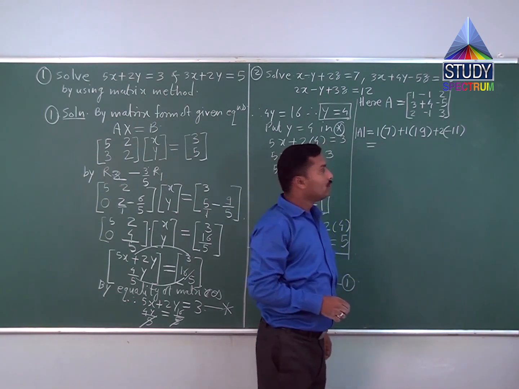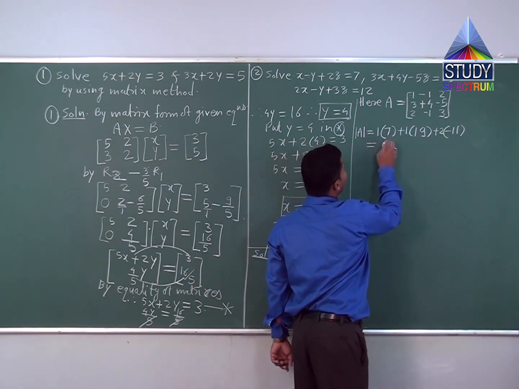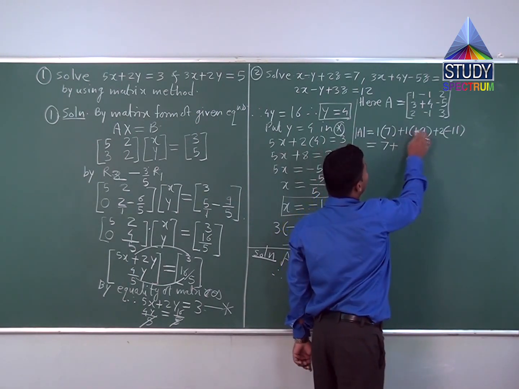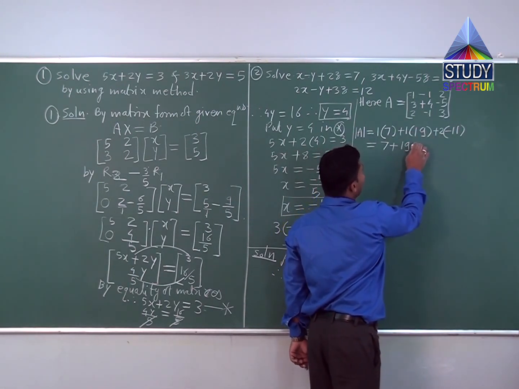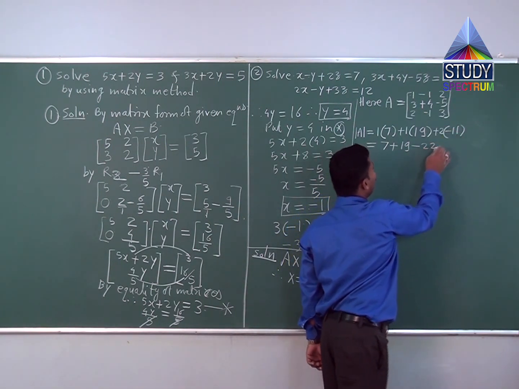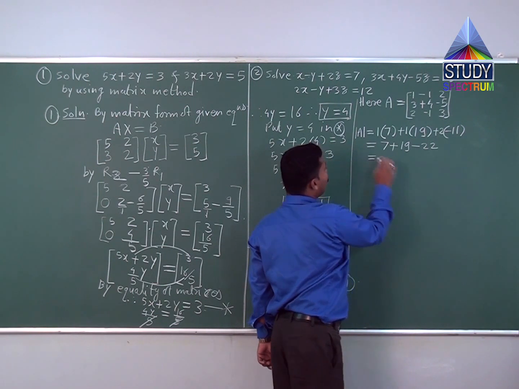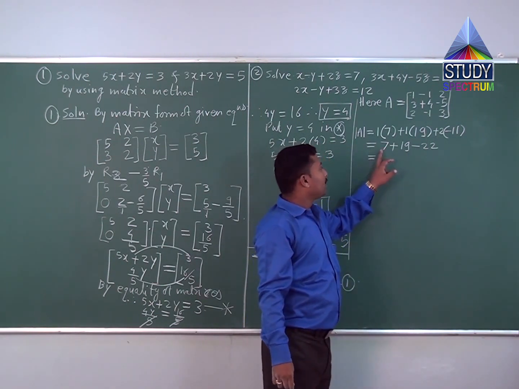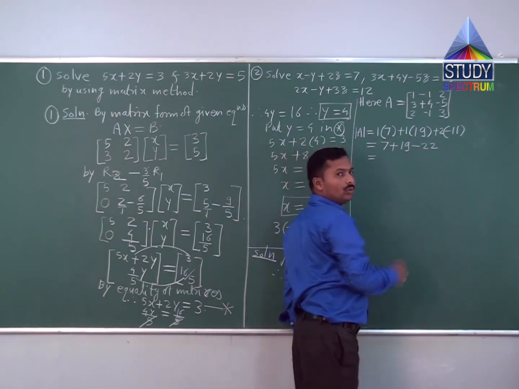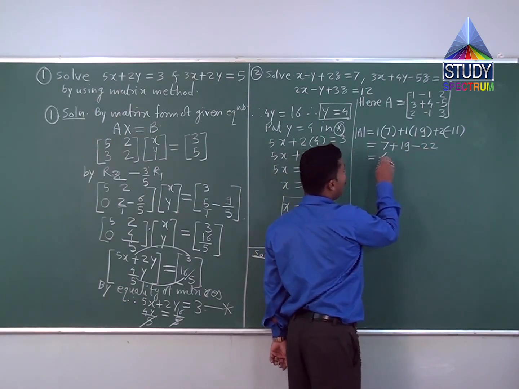So the determinant equals 1 into 7, plus 1 into 19, minus 11 into 2, which is 22. 19 plus 7 is 26, and 26 minus 22 means 4.